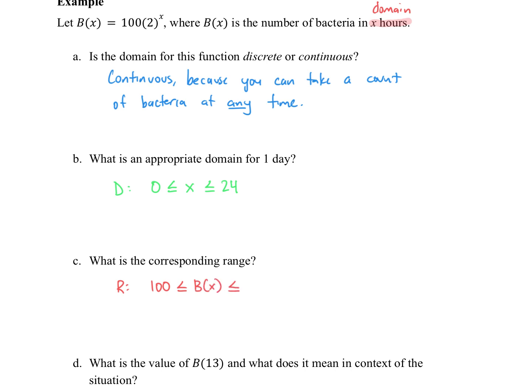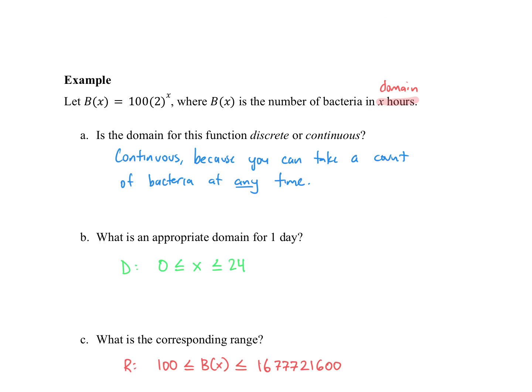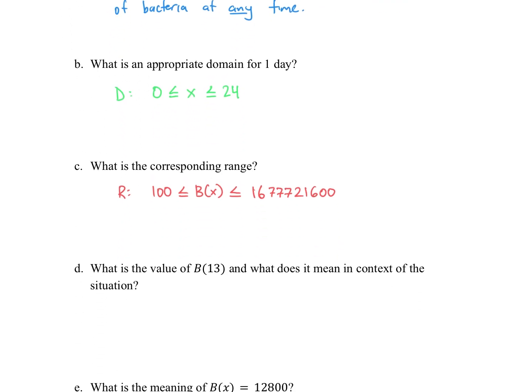And our highest output is, this is a big number, 1,677,721,600. And where did I get that? I got that by plugging 24 into my function. It's also where I got the 100 from. I plugged in 0, I plugged in 24. I evaluated this, which is what we did in the last lesson.